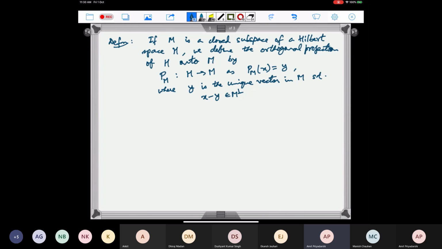So verify that PM is linear and continuous.